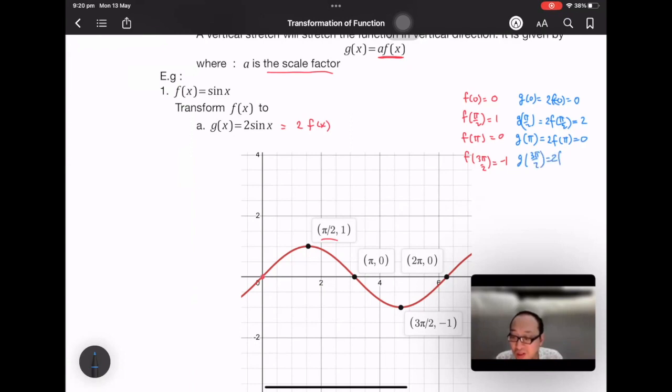So this is 2f(3 pi over 2) equals to negative 2. So all y's will be multiplied by 2. So 0 is 0, 1 becomes 2 on the same x value, 0 becomes 0, negative 1 becomes negative 2. So it will be like this.